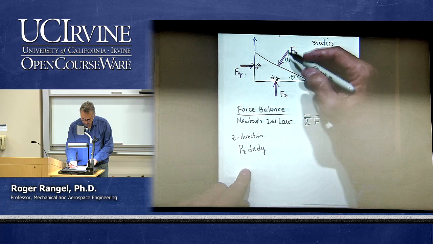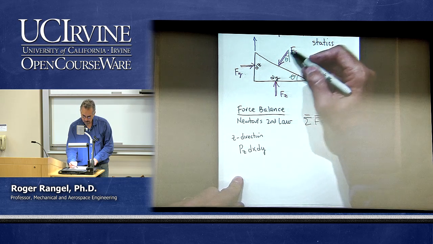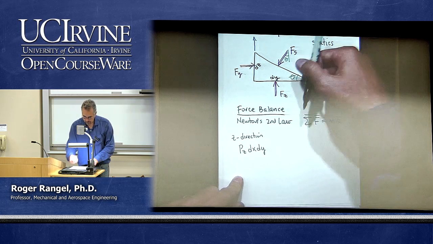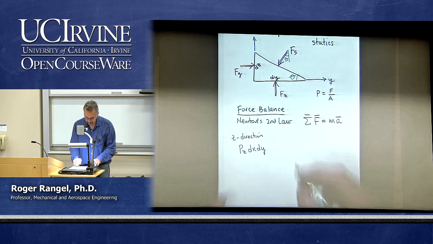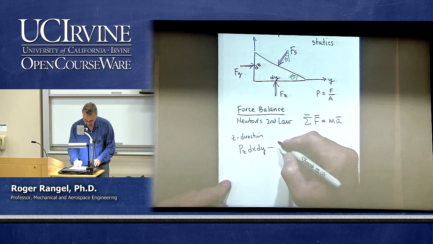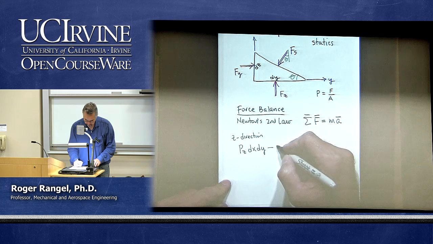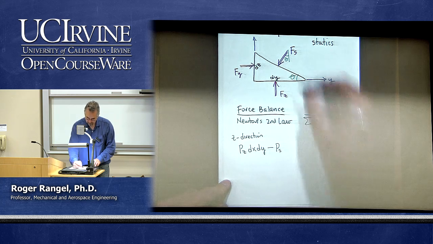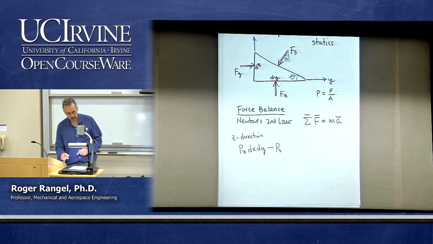And then I have a component of this force that is acting also in the vertical direction. That's negative. Let's just call it P sub s on that angled surface.